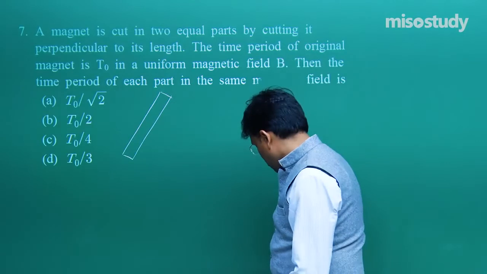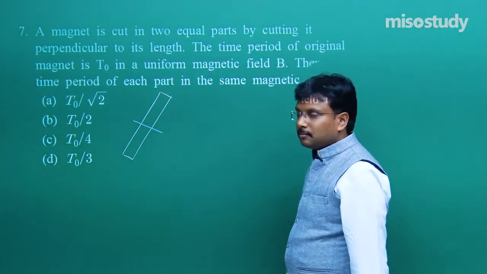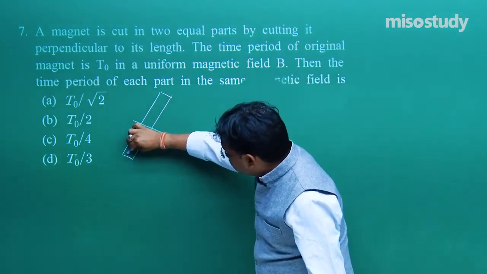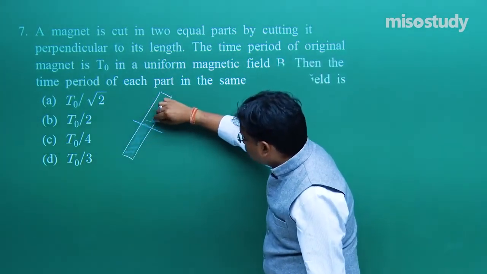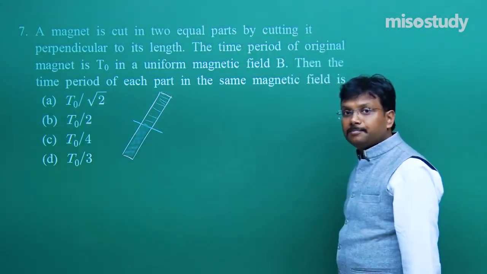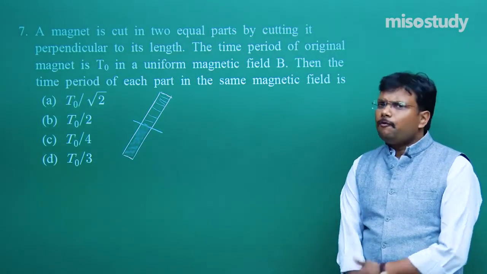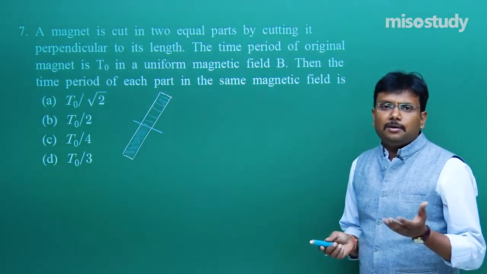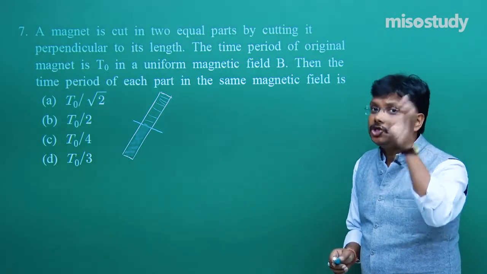Okay. Now cut it. So this is one magnet and this is another magnet. What I will do directly, I will start applying the formula, because you have to just put the values in the formula, and by cutting, only magnetic moment M is going to change. Fine.